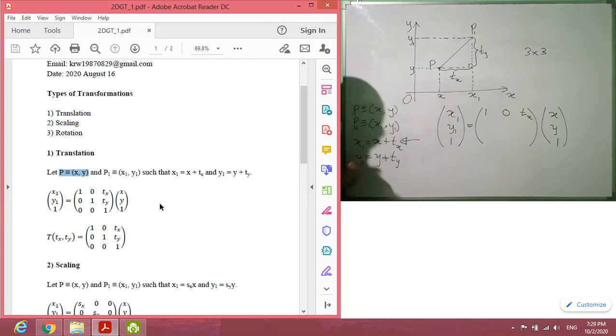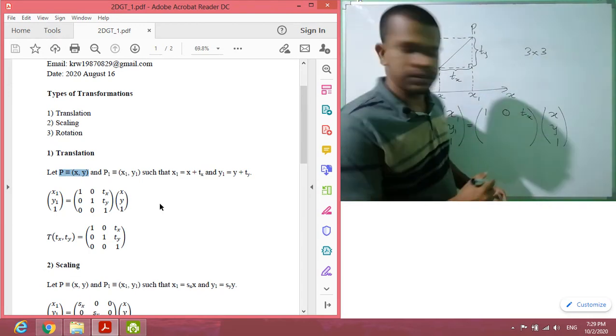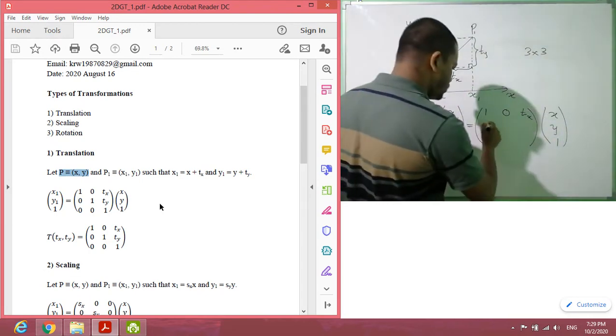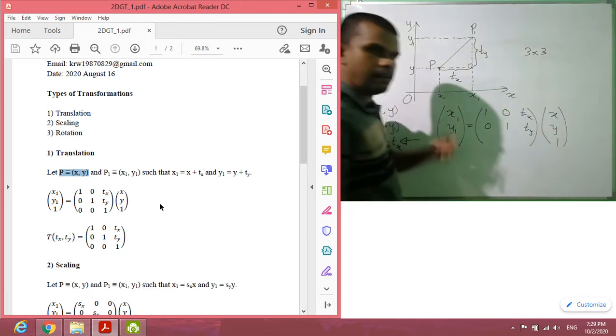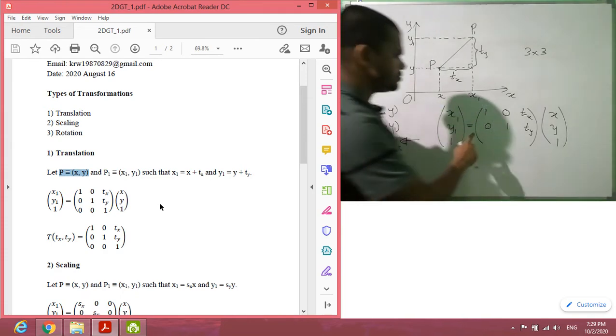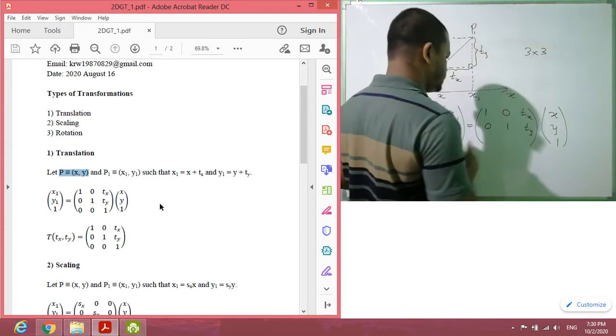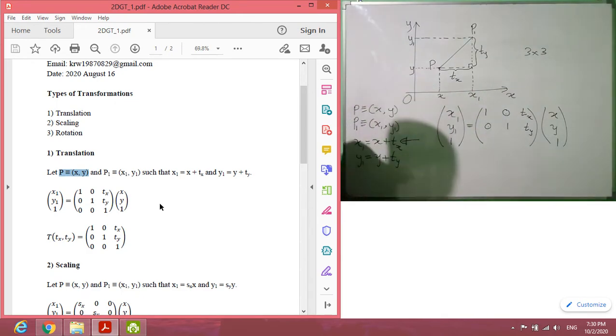Next line, for y equals y plus Ty, we put 0, 1, Ty. 0 into x, 0, 1 into y, y, Ty into 1, Ty.